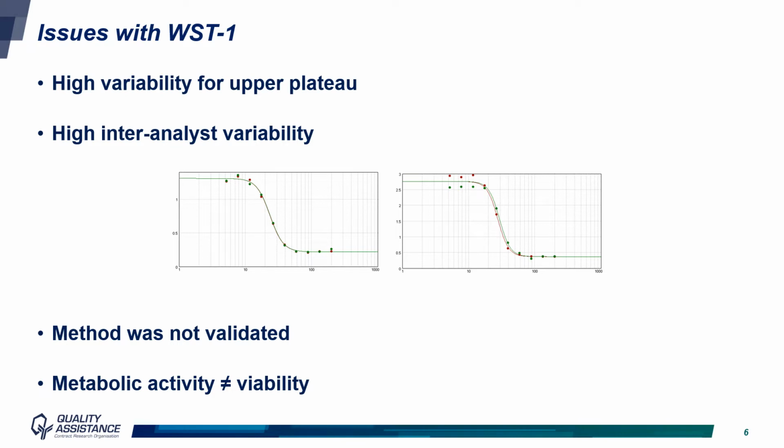This phenomenon causes a decrease of metabolic activity in the cells that enter a latency phase. However, even though these latent cells are alive, they will be considered as dead cells using WST1 revelators. The consequence is a high variability in the upper plateau of the 4-parameter curve, leading to variability in the EC50 value and the presence of a hook effect for low ADC concentrations.